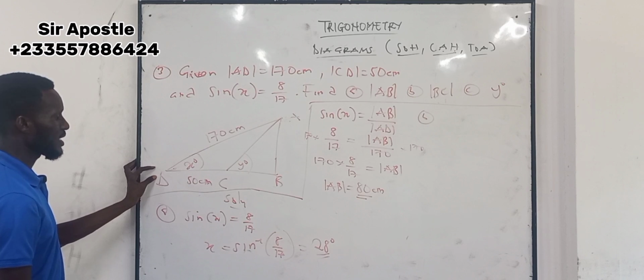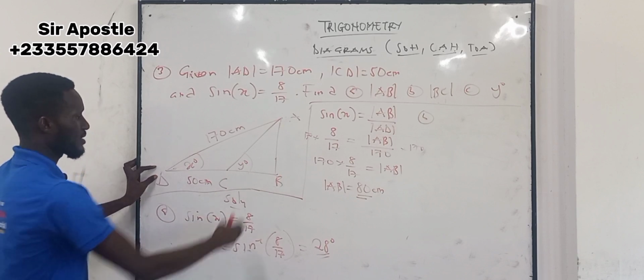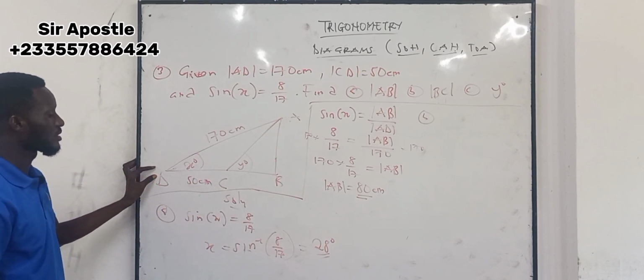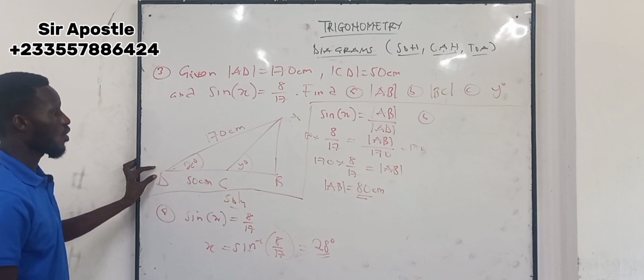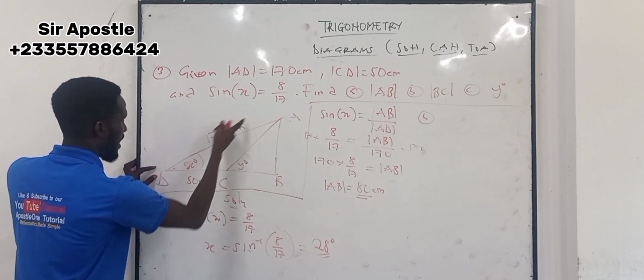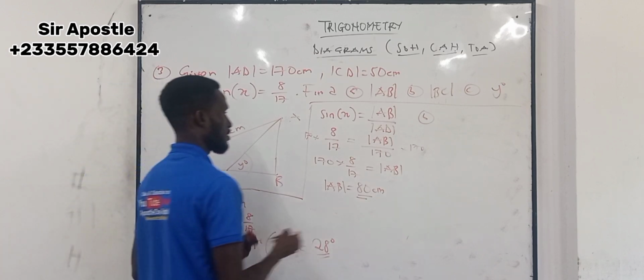So let me use tan. Tan is opposite over adjacent, or cos is adjacent over hypotenuse. So I can use tan, I can use cos. Let me use cos.